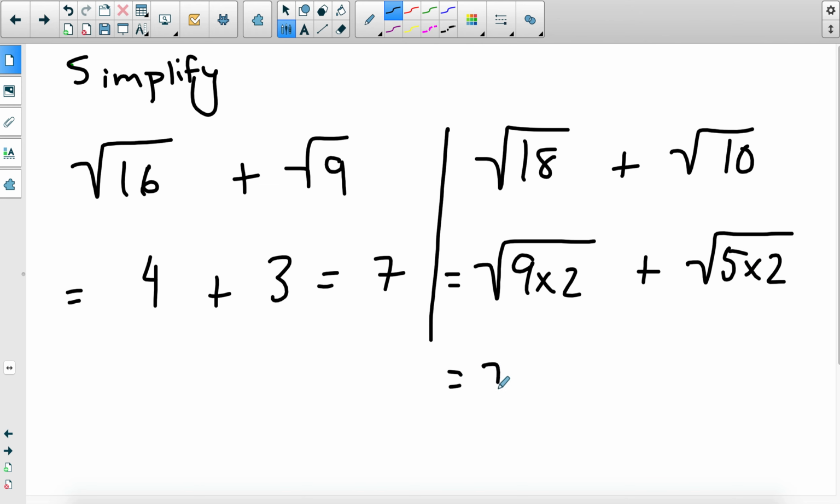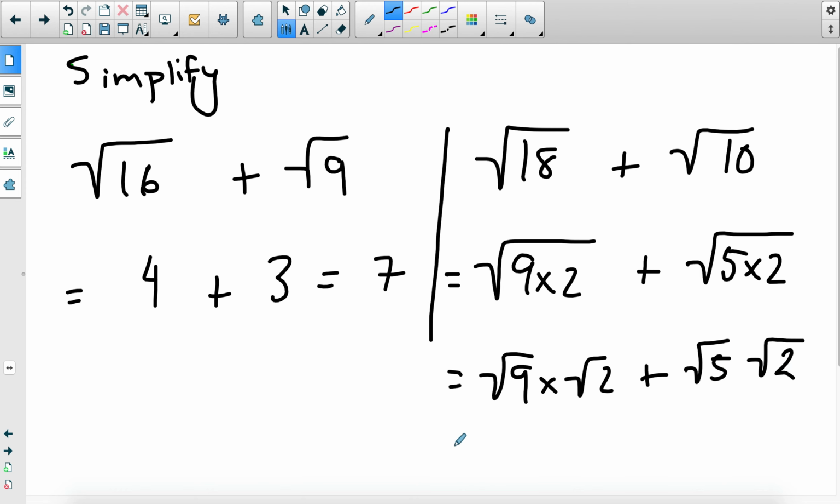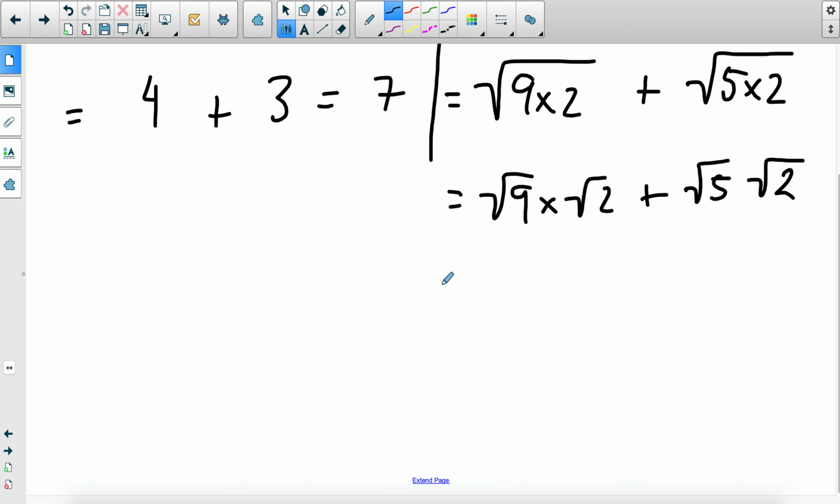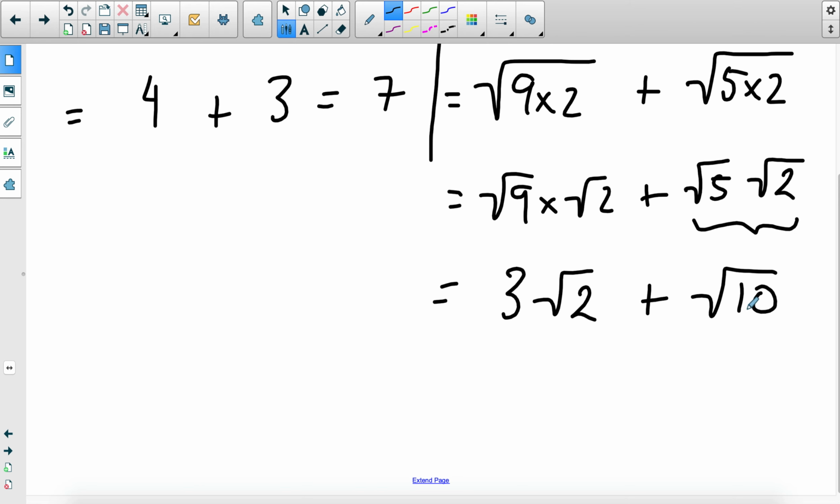So square root of 9 times square root of 2 plus the square root of 5 times square root of 2. The square root of 9 is just 3 square root of 2, and then you're left with, well, this actually doesn't simplify, so I can change it back to the square root of 10.